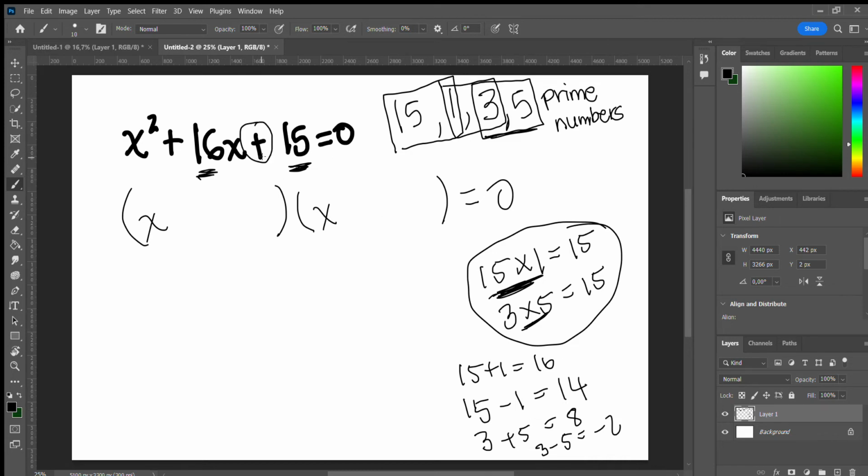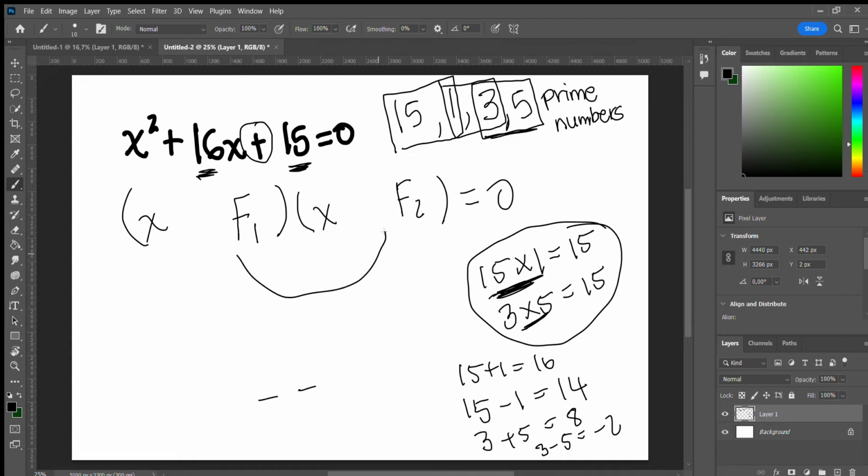Now, if it's positive, you have to have similar signs because you have the first factor, let me call it f1, and the second factor f2.